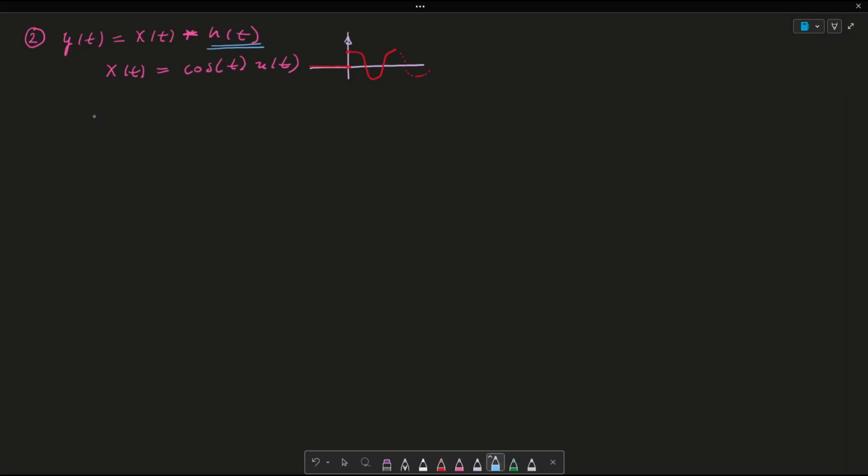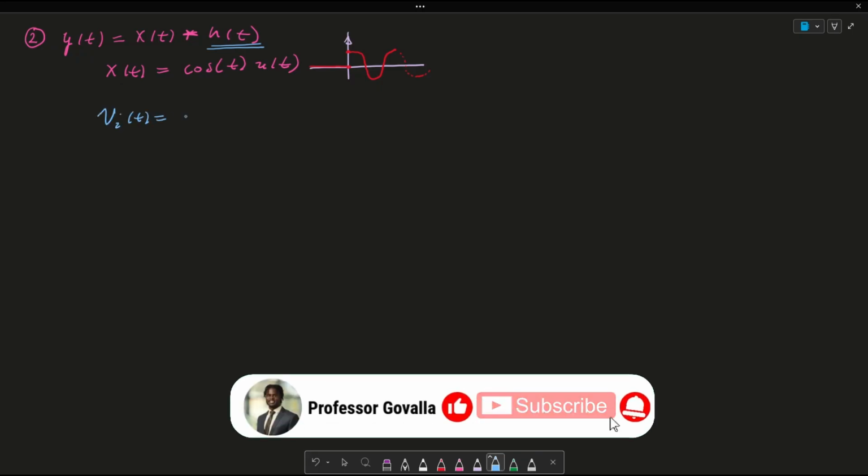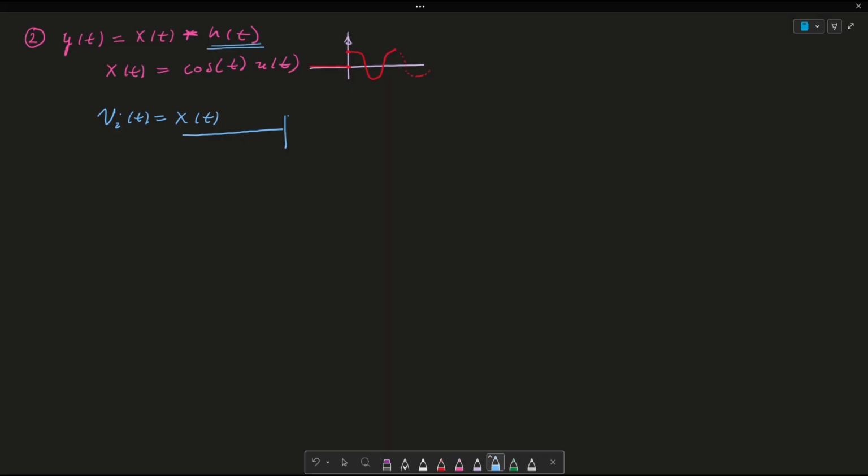But just as a brief recap, remember that if I have a system where I have an input vi of t, again, remember this is the same as x of t, and I pass it through a system, specifically an LTI system or a linear time invariant system, where this is capital H, which is this RC low pass filter circuit, which we saw on my very first slide.